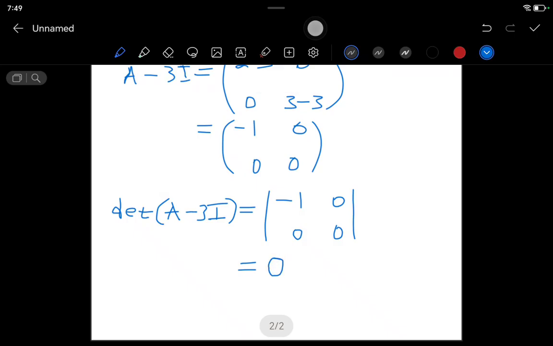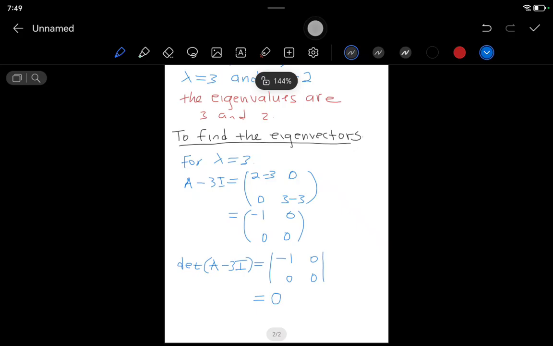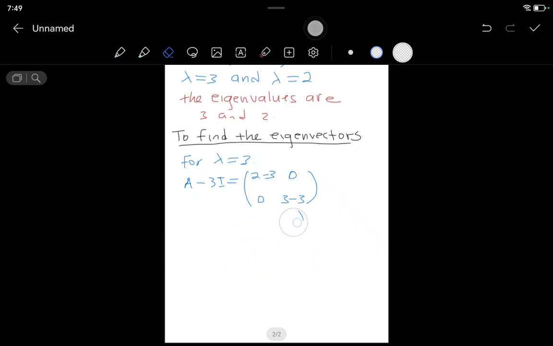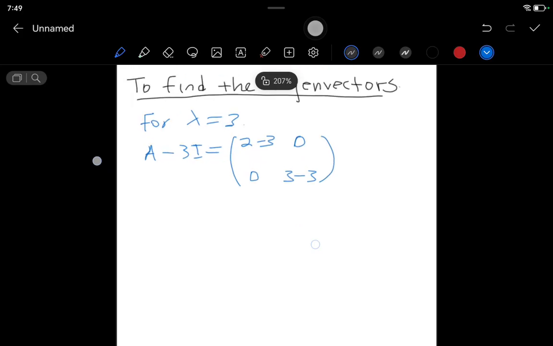So this is what I wanted to check, right? When we do this, we find that the determinant is 0. Do we see this, right? So what I want us to check now is this.